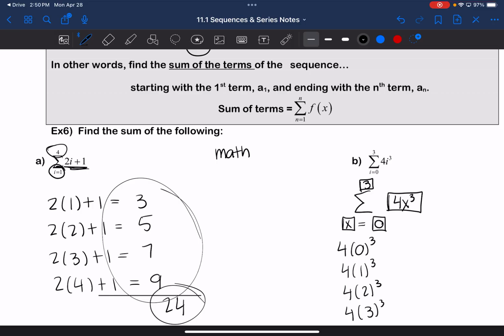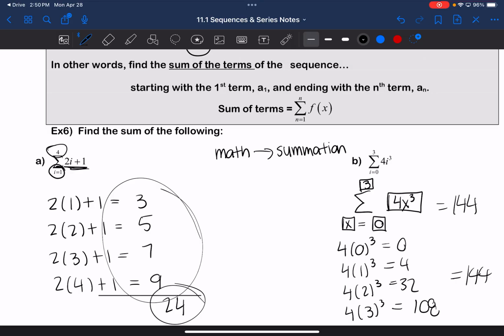So when I put that in, what did we get as our summation? Right. So whether you do it this way or whether you did it this way and you got all of your values and added them up, either way, we get a summation of 144. All right. So in your calculator, that's math, summation. All right.